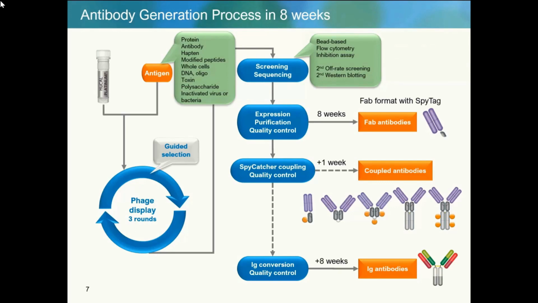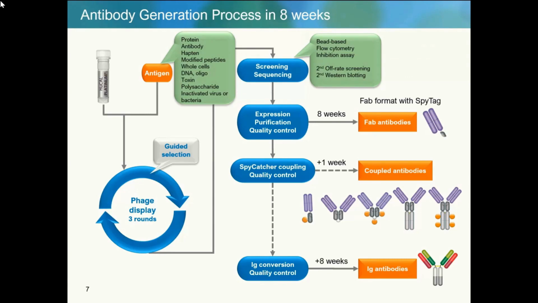In the screening process, shown in the upper middle panel, lysates are tested for binding to antigens or CRAs, closely related antigens, and hits are identified. At this point in the process, secondary K-off rate screening can be carried out also, which I will discuss later. Hits are sequenced so that only unique clones are moved forward.